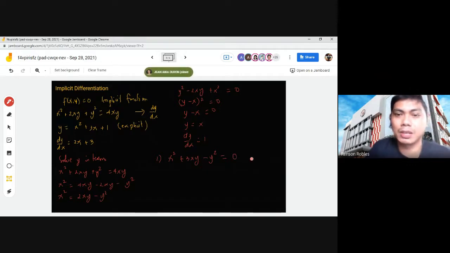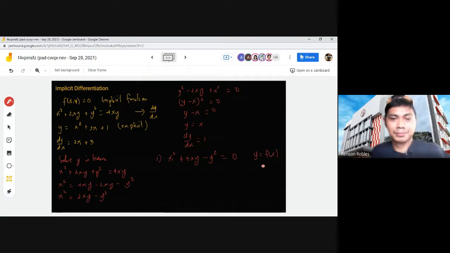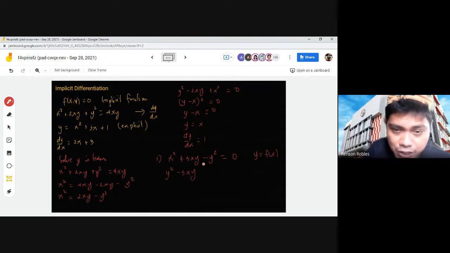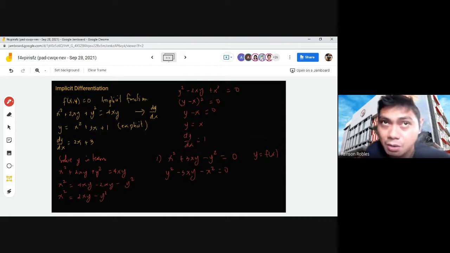Okay. Say we want to look for the y in terms of x. Okay. So again, just like what we do earlier, this is what I'm going to do. Y squared, then minus 3xy. I will just multiply negative 1 everything. Equals 0. And then you can see this y squared, and this is 3xy, and this is x squared. There's no y here. Okay. So what we are going to do is I'll be using the quadratic formula.